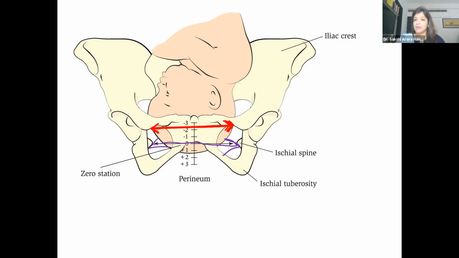So please remember, head entering the pelvis and head being engaged are 2 different things. First, the head will enter and then it will get engaged. So Leopold's third maneuver tells you only whether the head has entered the pelvis or not. It doesn't tell you that the head is engaged or not. Is that clear to all of you?